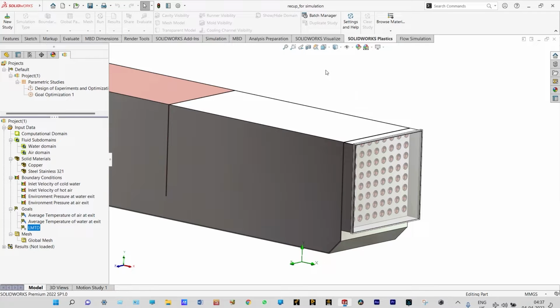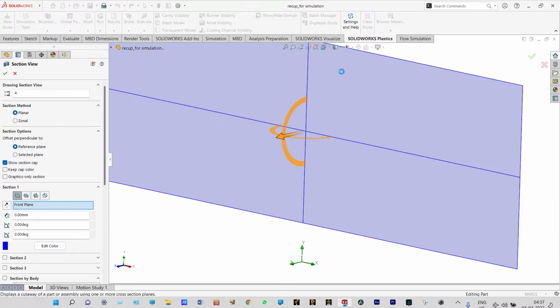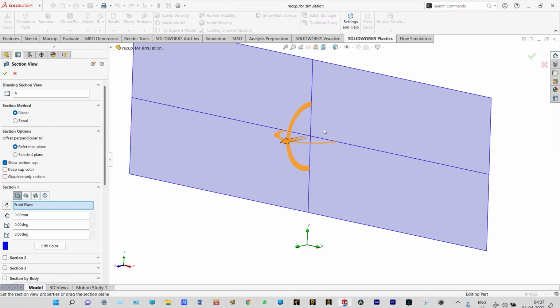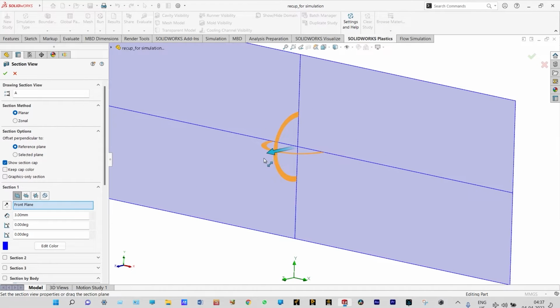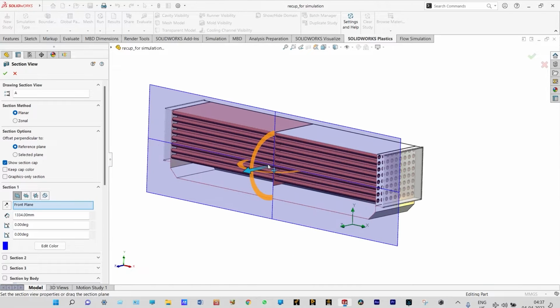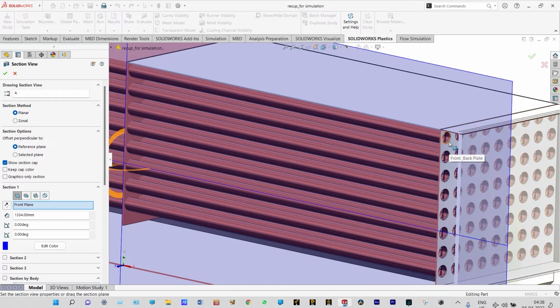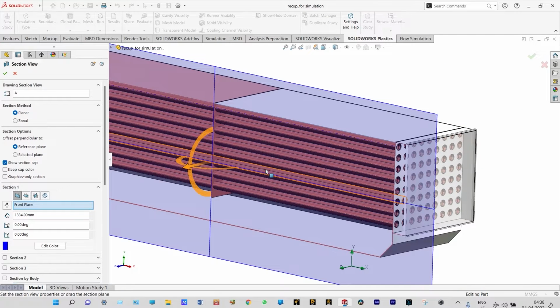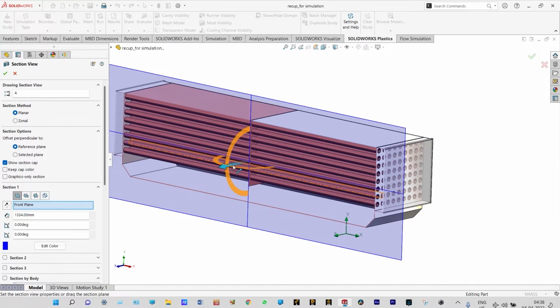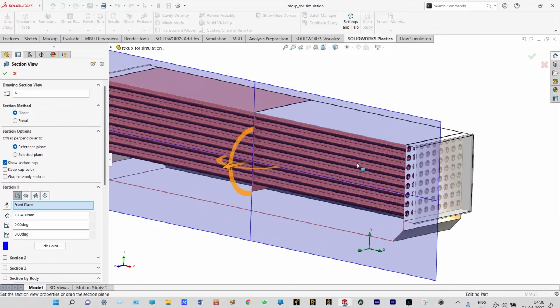We can cut it from different planes. First of all, we'll cut it from front plane and let us drag it a little bit inside. You can see these are the tubes. Through these tubes, cold water will be passing, and from sideways we will provide hot air at a temperature of 250 degrees centigrade.